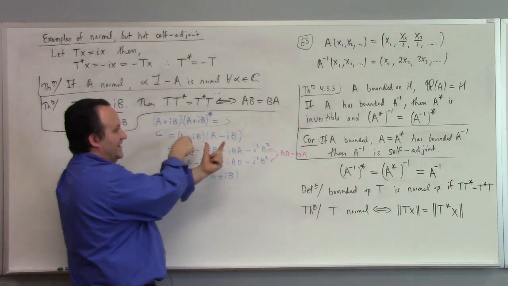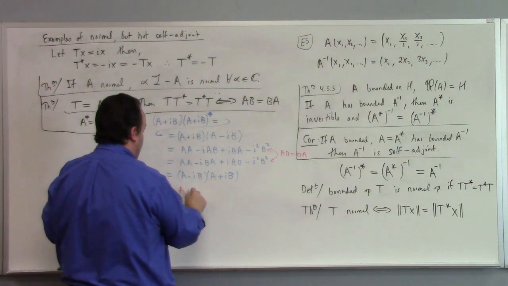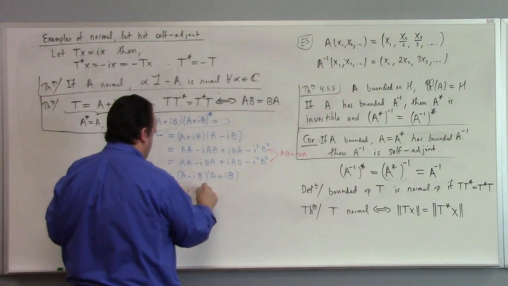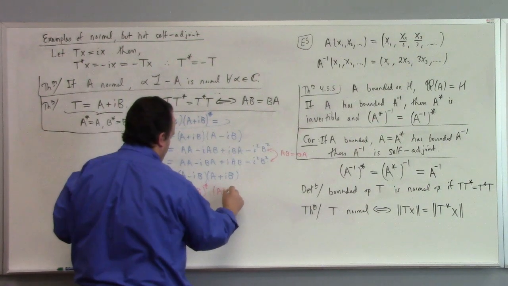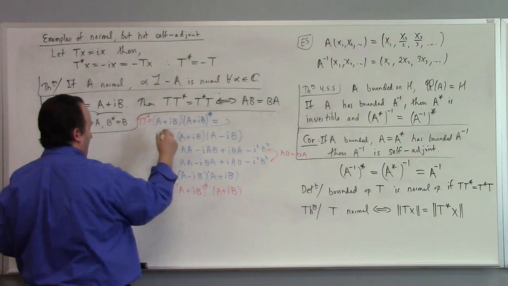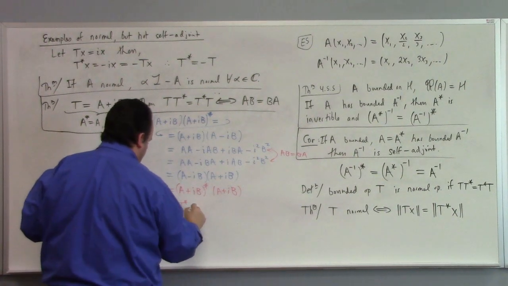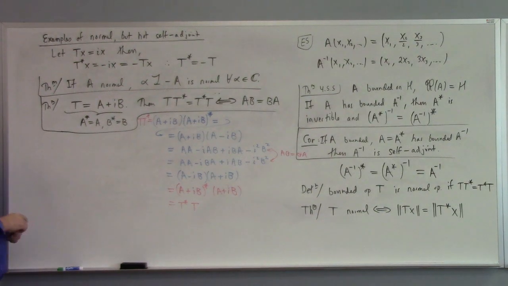But commuting these is tantamount to getting A plus IB adjoint to commute with A plus IB, which is to say that T star T equals T T star, which is to say, of course, that T is normal. So it's this calculation with a little bit more window dressing.